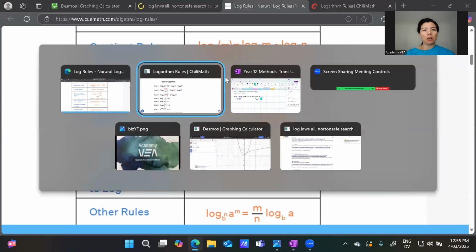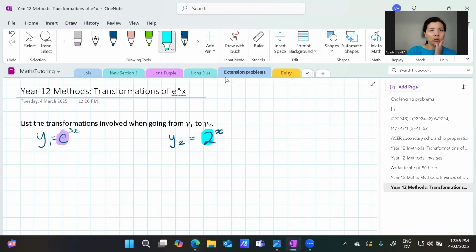So in our context, this 2 over here, we can write as e to the power of log to the base e of 2. And that x, which is sitting there as a previous power, is still sitting there waiting.